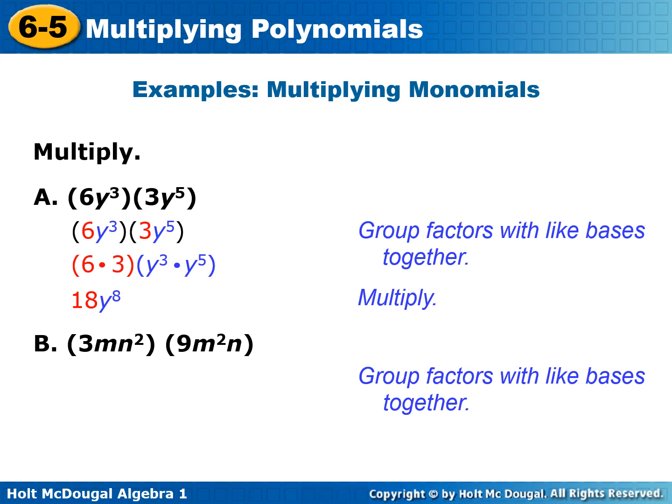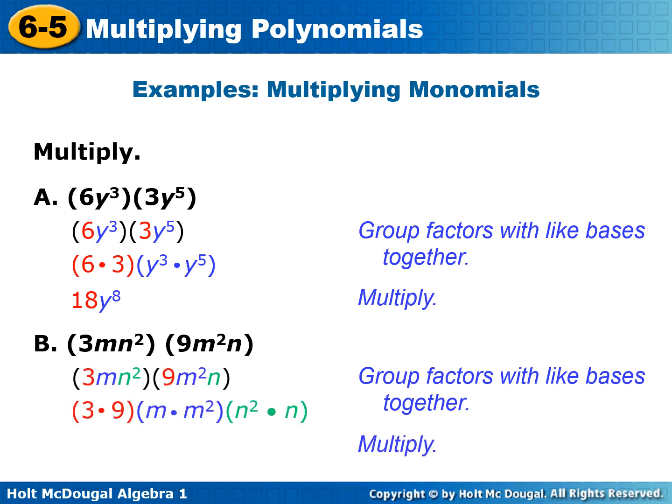So again, we group together the coefficients and we multiply them, and the same thing also with those variables that are common, and we also have to multiply them. So this will look like 3 times 9, since these are the only two coefficients, and then m times m squared, and then n squared times n.